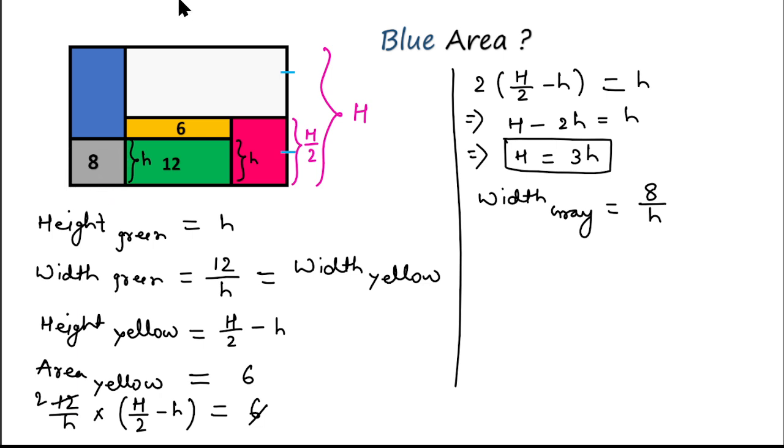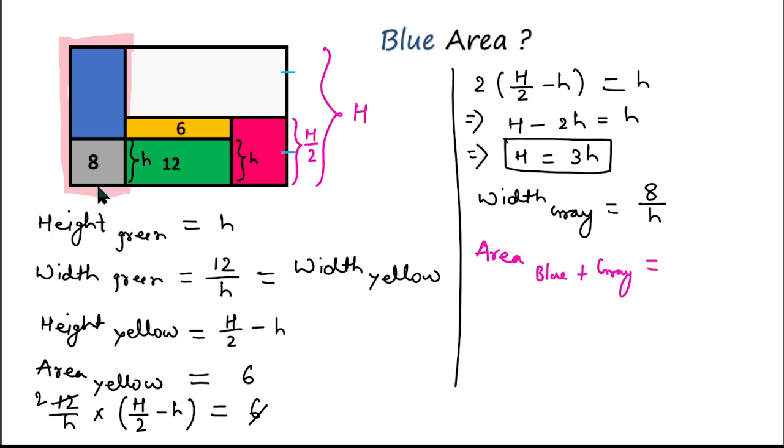Now if we talk about this whole rectangle actually, what will the area of this bigger rectangle be? It is the combination of this blue plus gray. The area of that, blue plus gray rectangle, is equal to width into height.